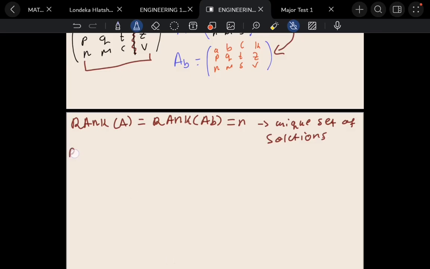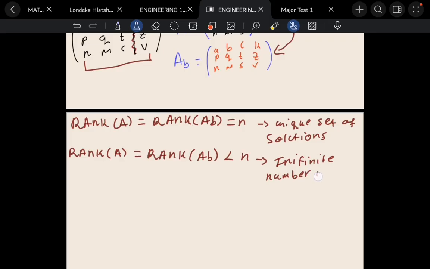And if you have rank A equal to rank AB, but now it's less than n, we are going to have an infinite number of solutions, really.